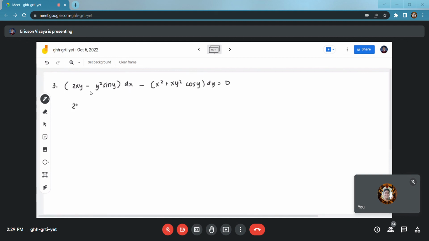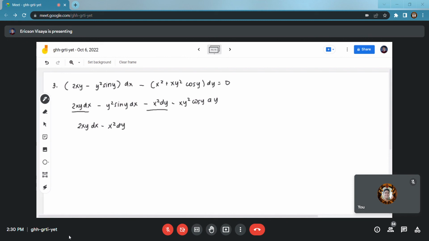Meron tayo dito, 2xy dx minus y squared sine y dx minus x squared dy tapos plus negative, so negative xy squared cosine y dy. So ito, 2xy dx tapos negative x squared dy. So bali 2xy dx minus ang ating x squared dy.